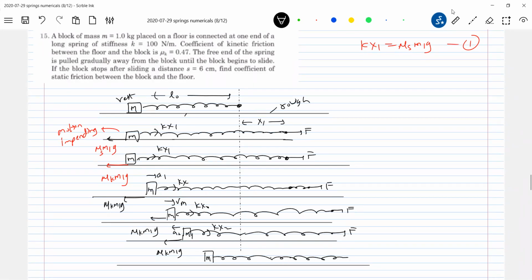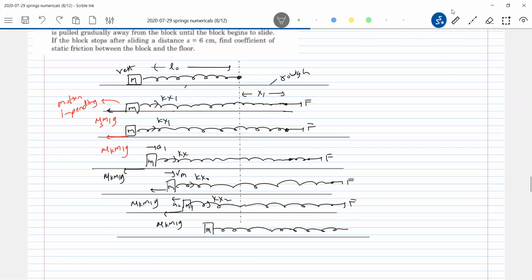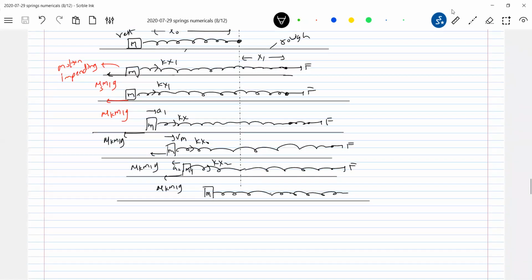Look at the state of the spring now. Finally it has undergone a displacement equal to S, which is given. The spring force will be acting here, say kx3.